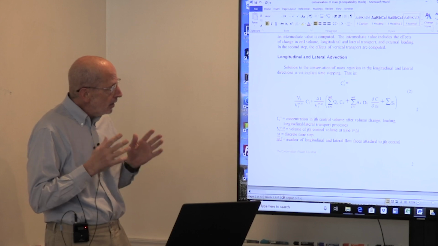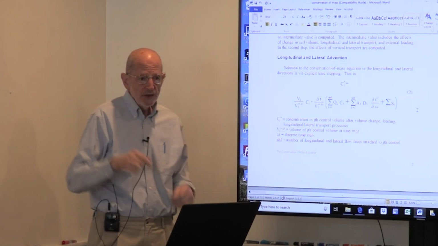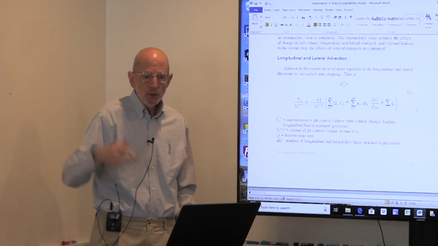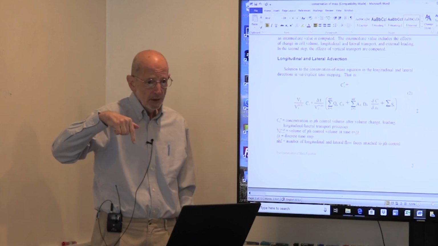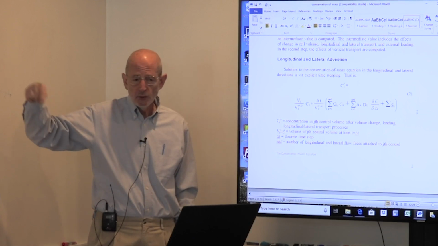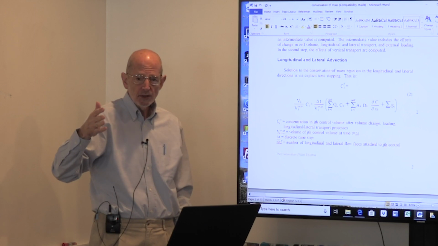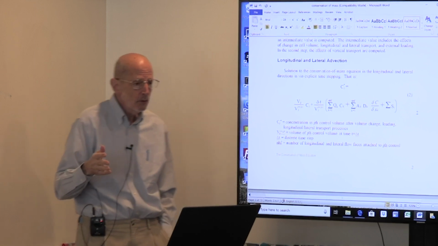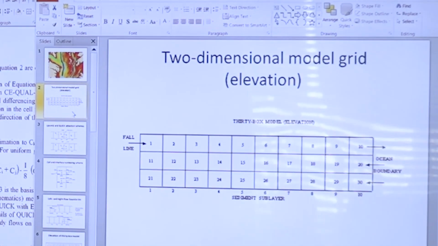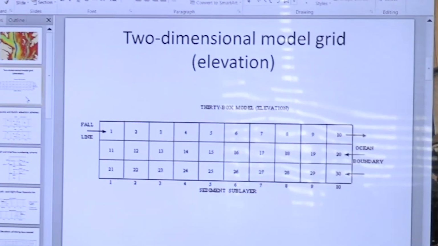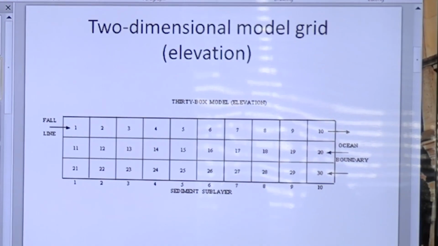Now, the concentration itself is, think of it if you will, at the center of the cube. So you have concentration at the center of all these cubes, but what you want is the concentration at the face. So you have to have some way of determining what that concentration at the face is.